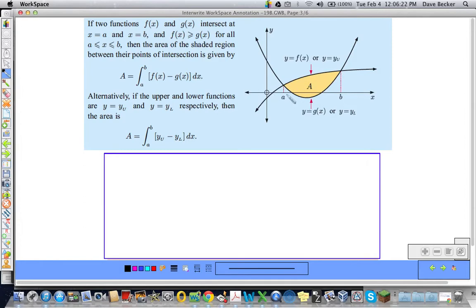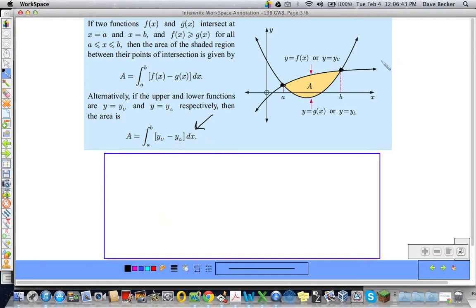And with a better picture from the book, we have a nice little picture here, and notice that the points a and b don't lie on the x-axis where the curves intersect, but this is the point x equals a and the point x equals b. We take the upper function minus the lower function, and they have some nice notation here.